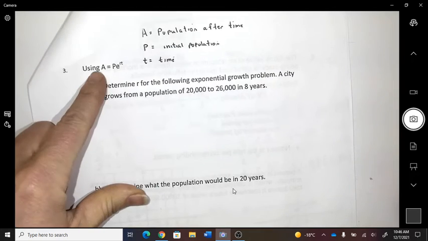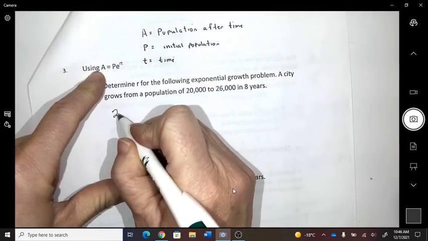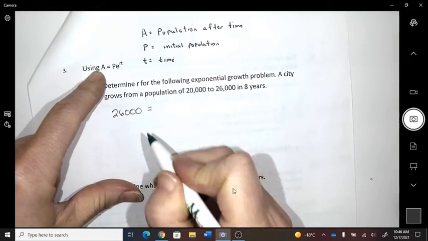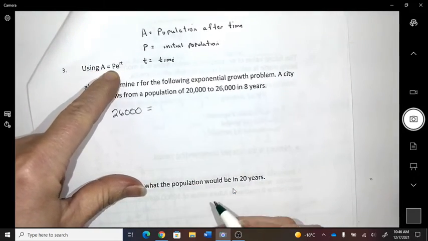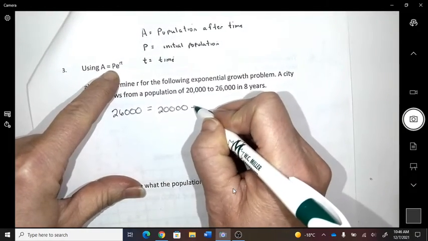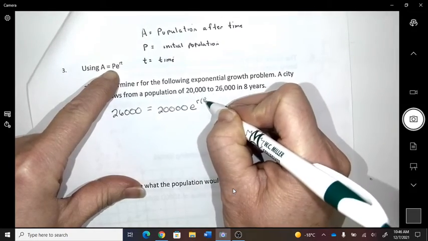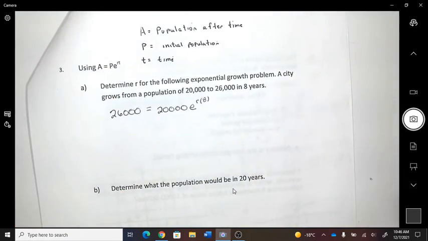Okay, so A is my population after a time. So that's going to be the 26,000. P is the starting population. So that's 20,000. E to the rate, which I don't know, times 8 years.